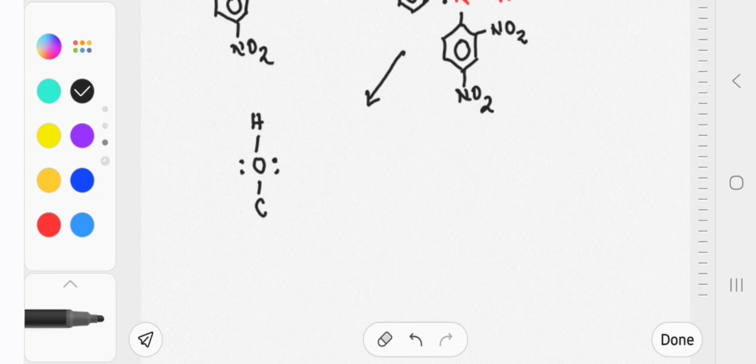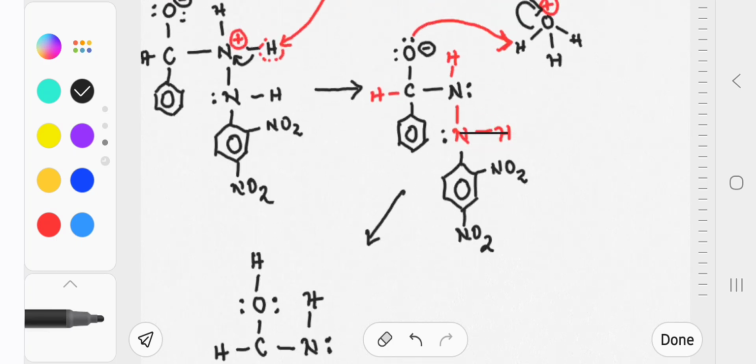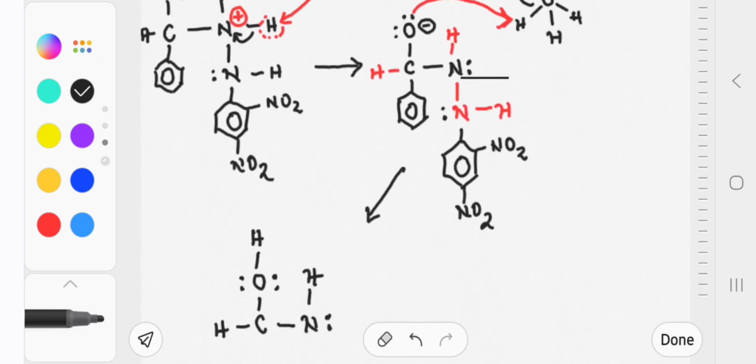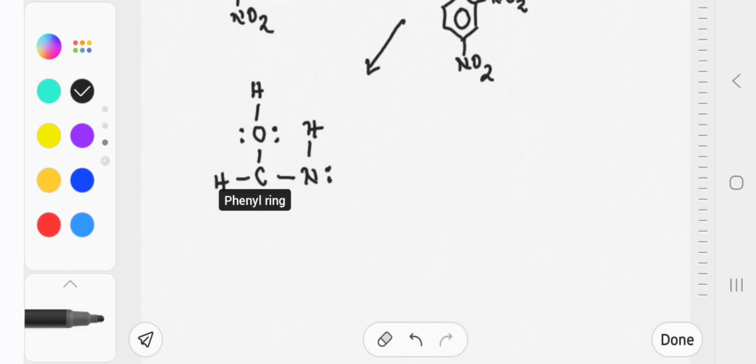So I'm going to have this carbon bearing this way hydrogen, that way nitrogen. That nitrogen has non-bonding electrons too with hydrogen, as you can see here. Then a single bond to this nitrogen with a hydrogen, with the non-bonding electron again.